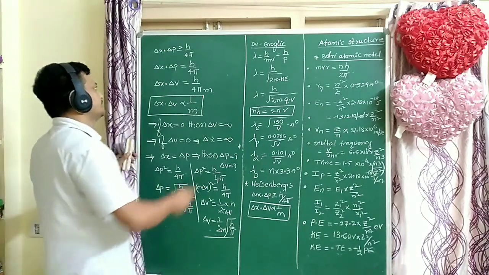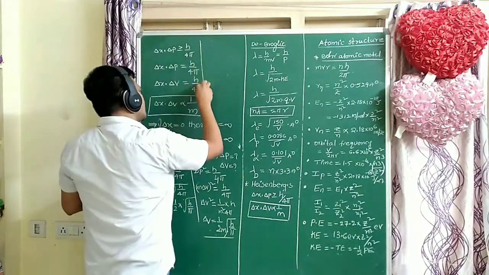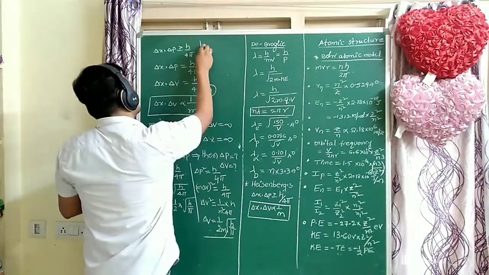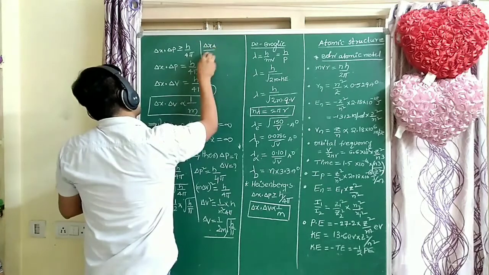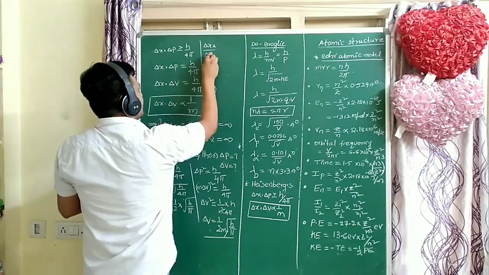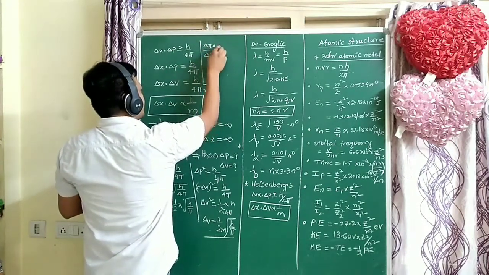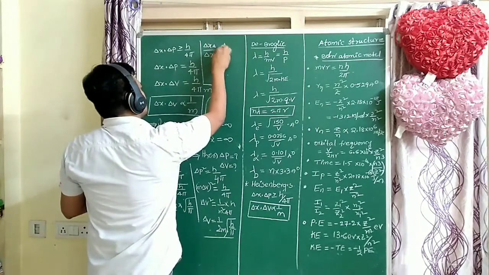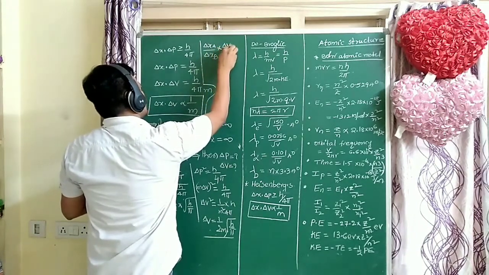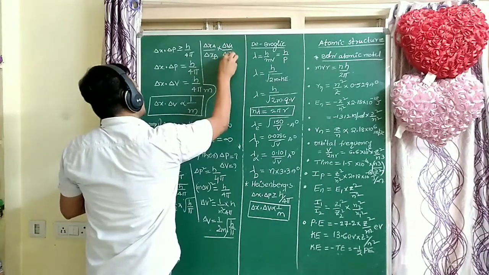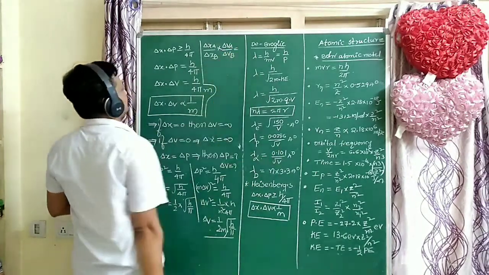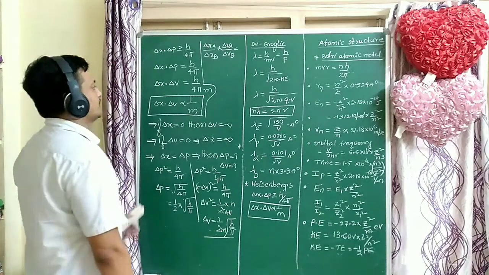And next, another formula is there. Delta xa by delta xb for two different particles, delta va by delta vb equals what?